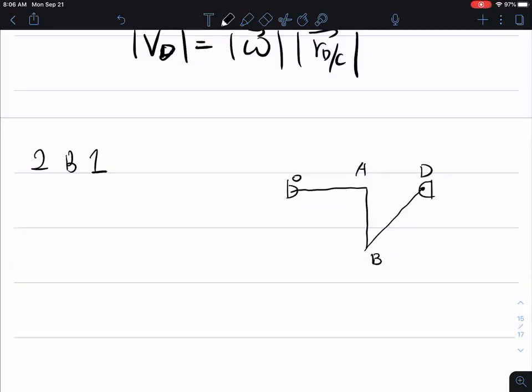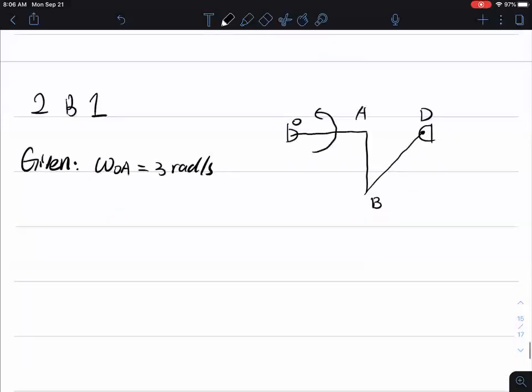Okay. So in this example, if you read the problem statement, we know a couple of things. We know omega OA. We're given the angular speed of this bar OA, which is 3 radians per second. Omega is angular speed. That looks like W, but that's called omega.